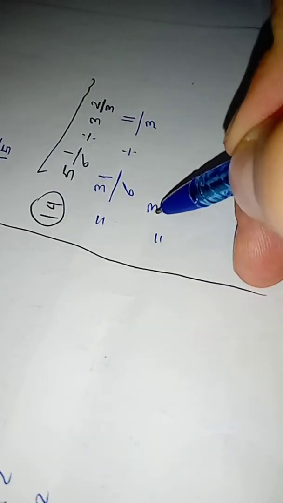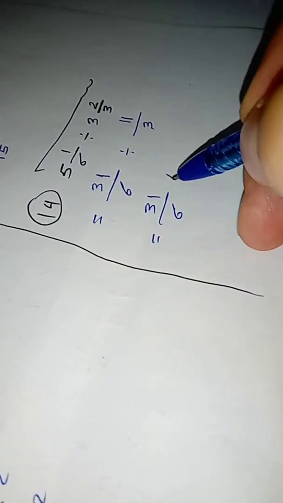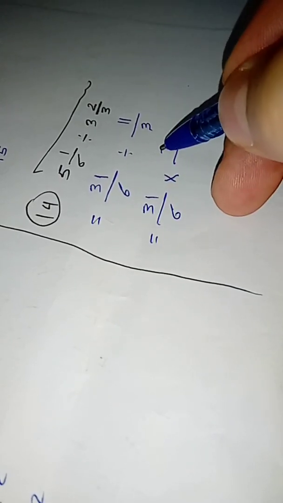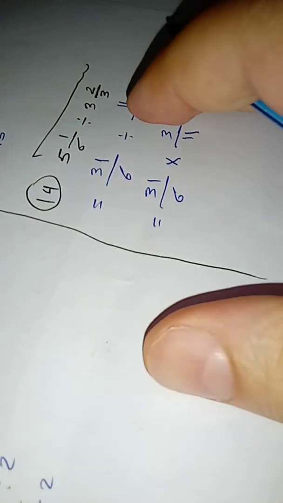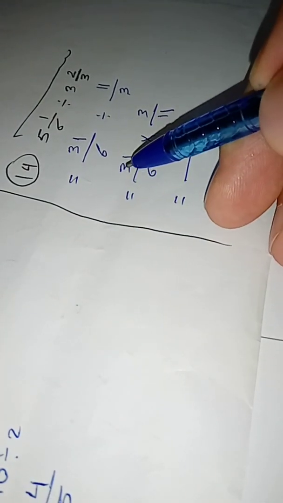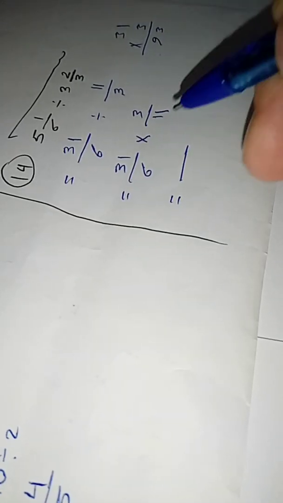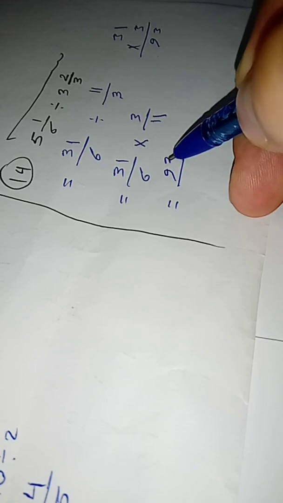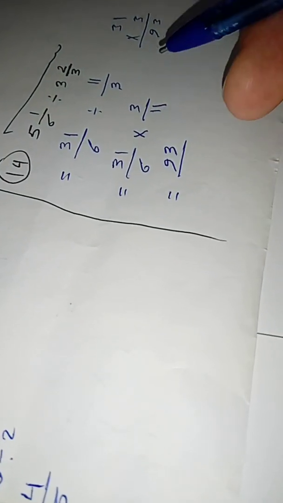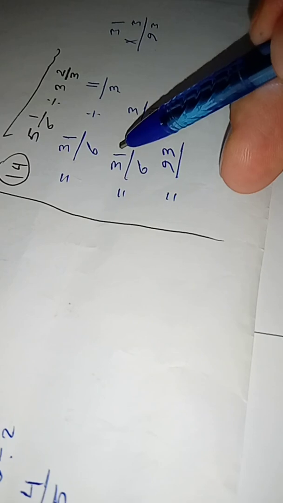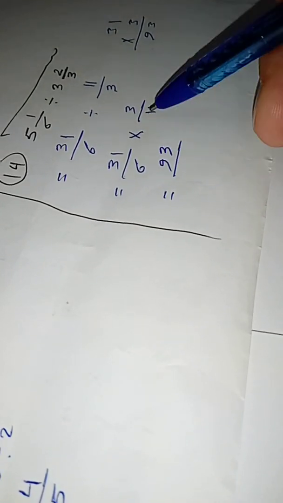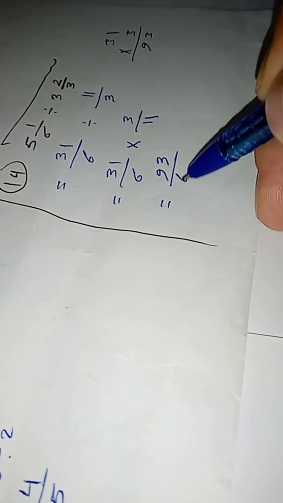Keep, change, flip. Now 3 times 31 or 31 times 3. So this is 31, this is 3. 3 times 1 is 3, 3 times 3 will be 9. So here we have 93. Or I can do it mentally. 3 times 1 will be 3, 3 times 3 will be 9, no problem. 6 times 11 will be 66.